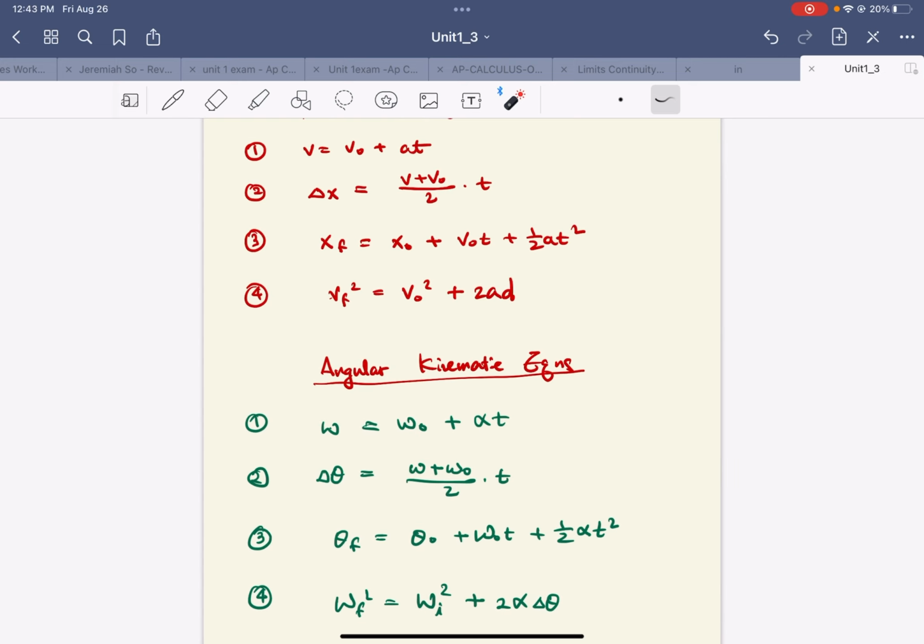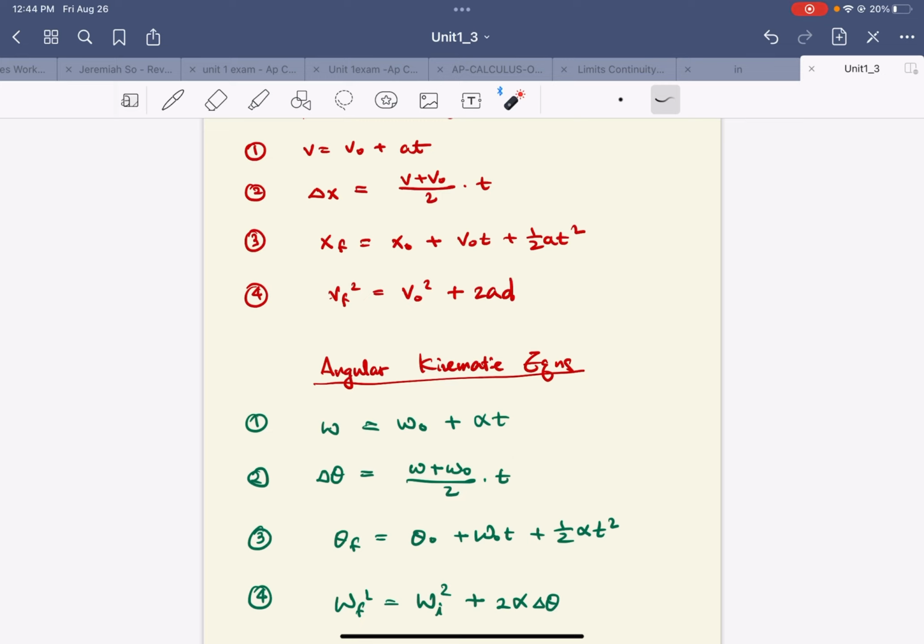Number one is angular speed. Angular speed omega, that's the initial angular speed plus alpha, the angular acceleration, times t. So it's very similar to this number one. Also, delta theta, the angle difference, that's the average of the angular velocity final and initial times time.